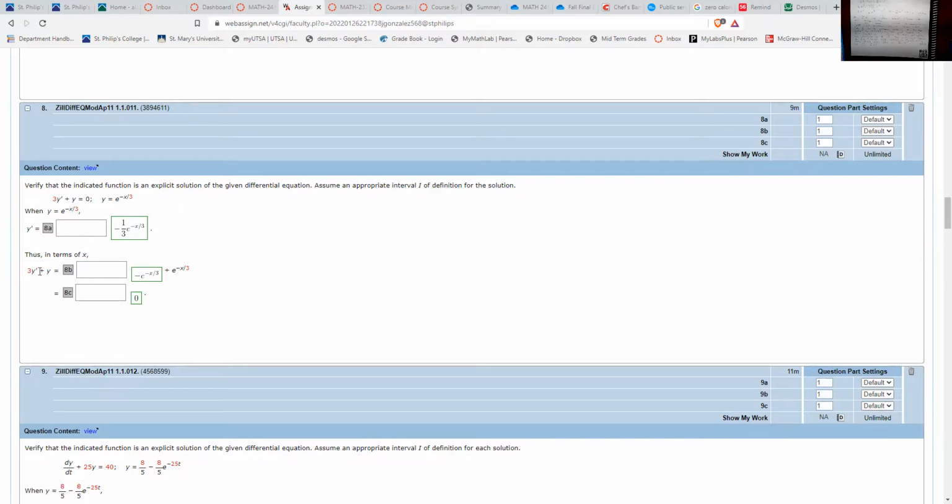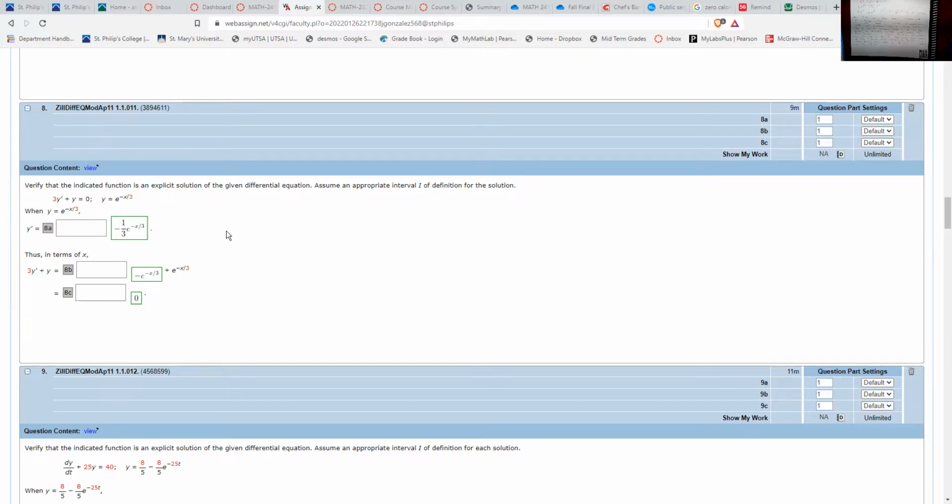And they just wrote it weird. So they want you to plug it in here, multiply by 3, and you're gonna get, so 3 times this is this piece. So basically the stuff I was telling you to do on paper, they're having you do step by step. So plug this guy in here, take the derivative and plug that in there. And that's the simplification here. And then you add it all up and you get a 0. So that verifies it. So 8 is kind of weird because it's more of a paper problem, but they're trying to have you do it piece by piece. Does that make sense?